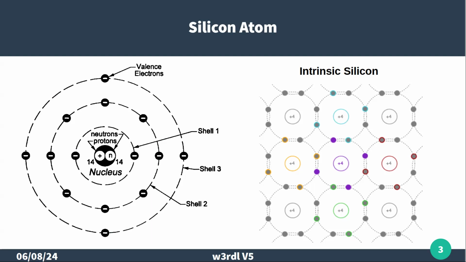They call that a covalent bond, because you have an electron in each atom sharing the same valence shell between the two. That's how the crystals physically bond together.